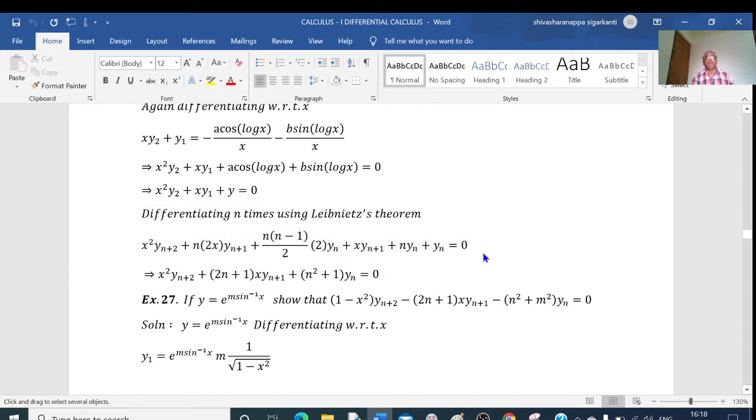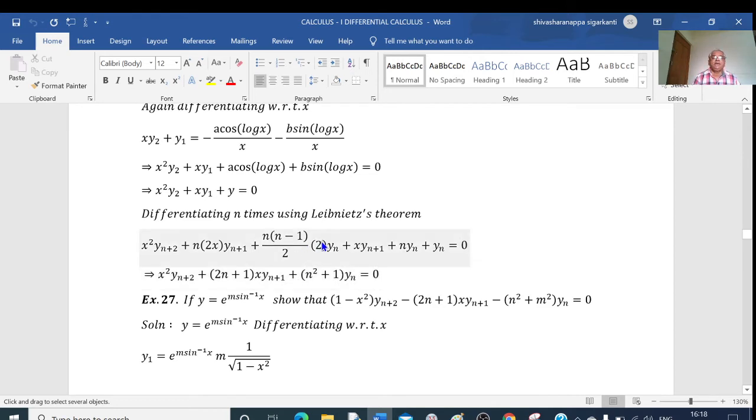Now just to write the terms in order, first write yn plus 2 terms, only one term is there, x square yn plus 2. Then yn plus 1 terms: here x yn plus 1 is there, here also x yn plus 1 is there. In these two terms, if I take x yn plus 1 common factor, I am getting 2n here, 2n plus 1. So 2n plus 1 into x into yn plus 1 plus.